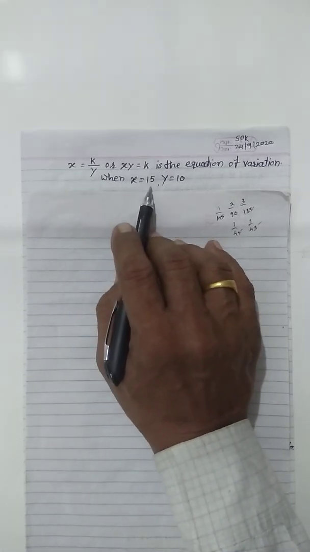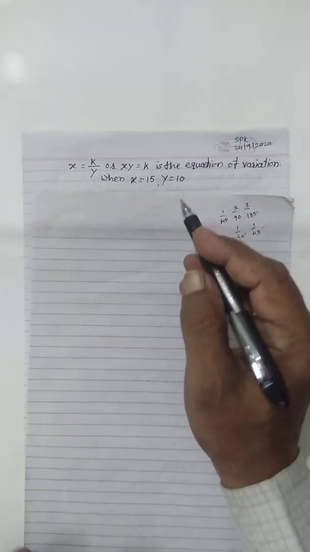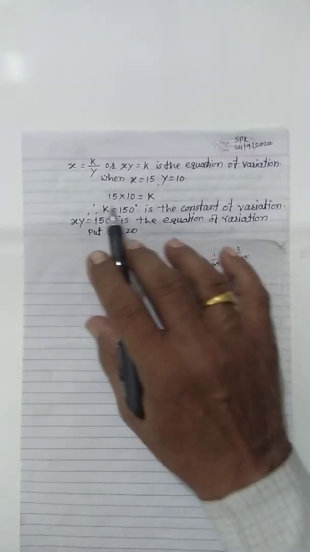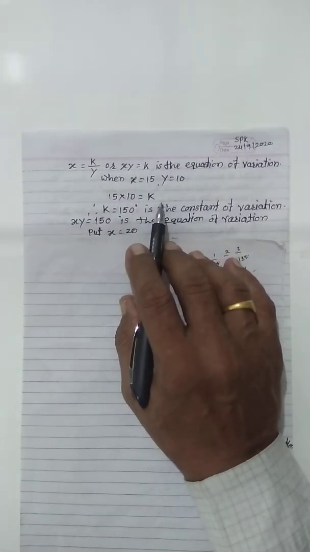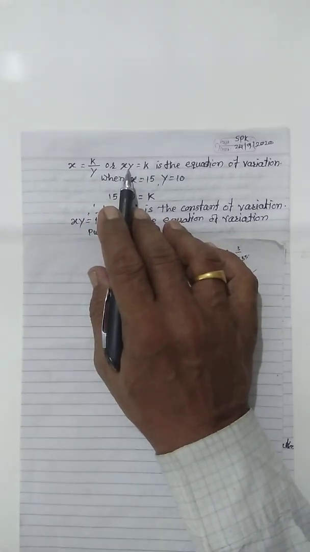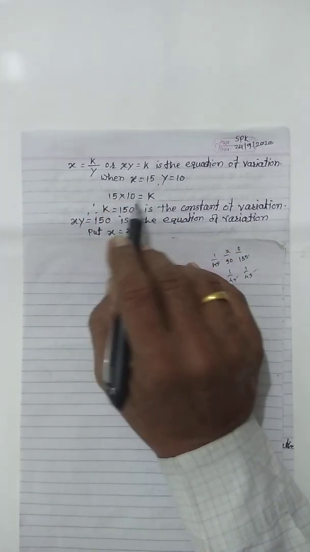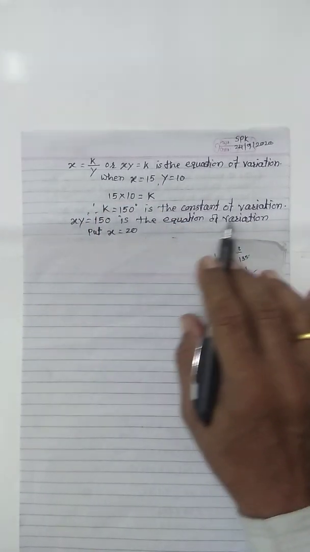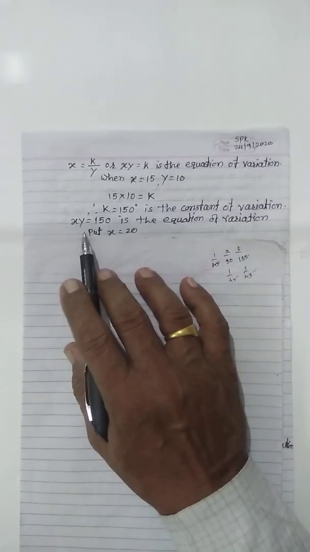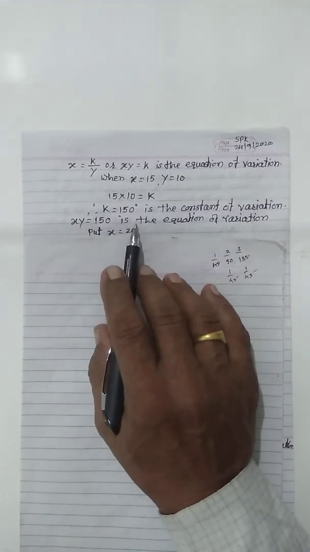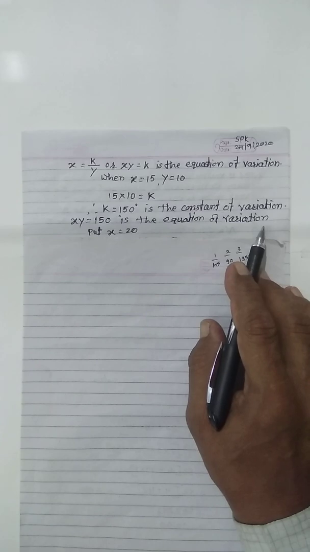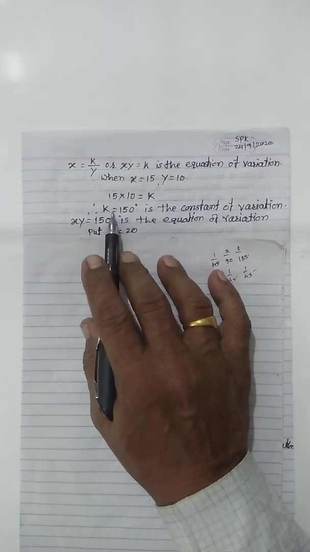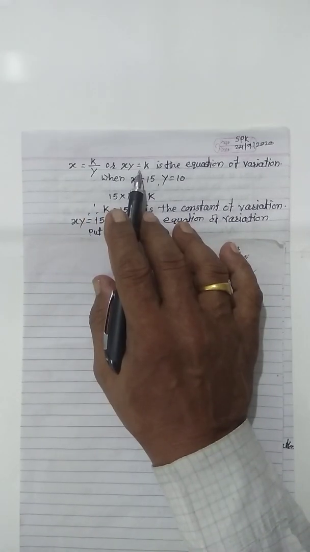Then where x equal to 15, y equal to 10, find out the value of k. 15 into 10 equal to k. That is the product x into y equal to k. 15 into 10, then k equal to 150 is the constant of variation. xy equal to 150 is the equation of variation. Put this value in this equation, we get the equation of variation.